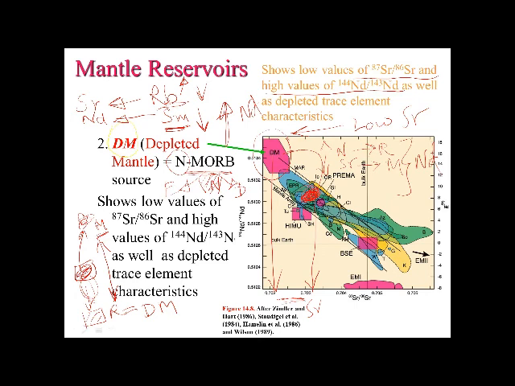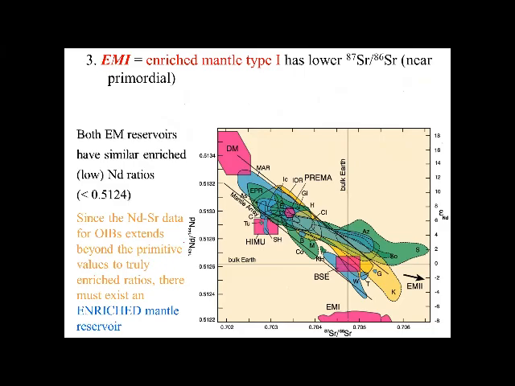So anyway, the point you have to take home is the strontium and neodymium difference in depleted mantle and MOB. Okay, so these are some other reservoirs that we have to consider. Another one is the enriched mantle source.